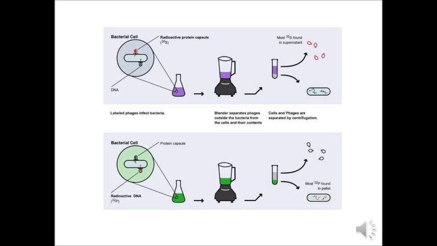They infected E. coli and put it in a blender, then centrifuged it, forcing the cells into pellets. They found that the DNA created a pellet, which meant that viral genes consisted of DNA over protein.